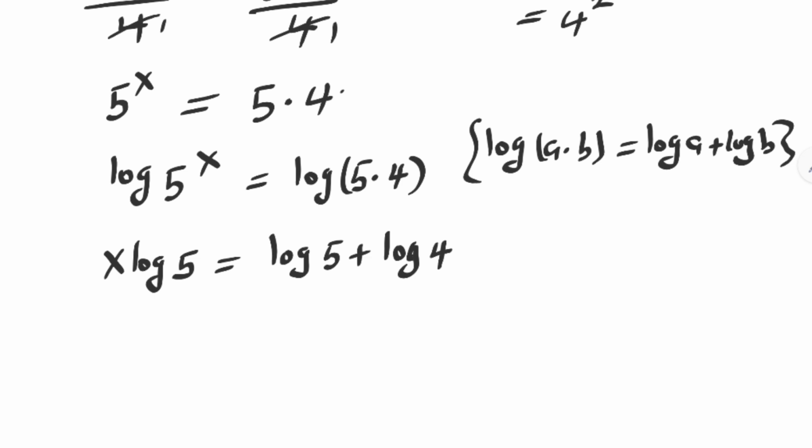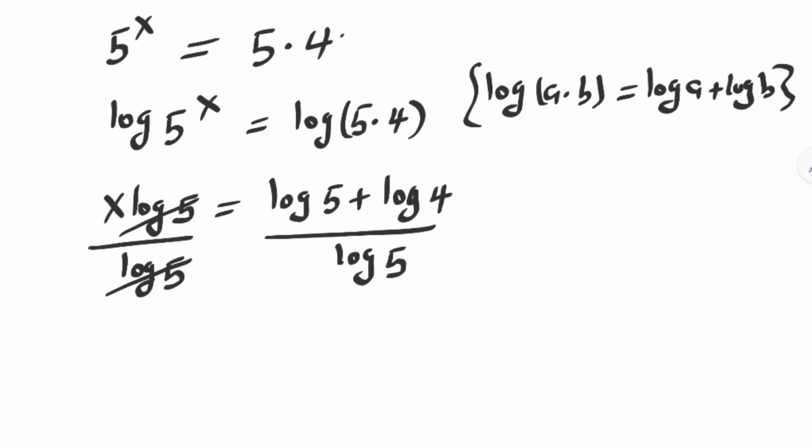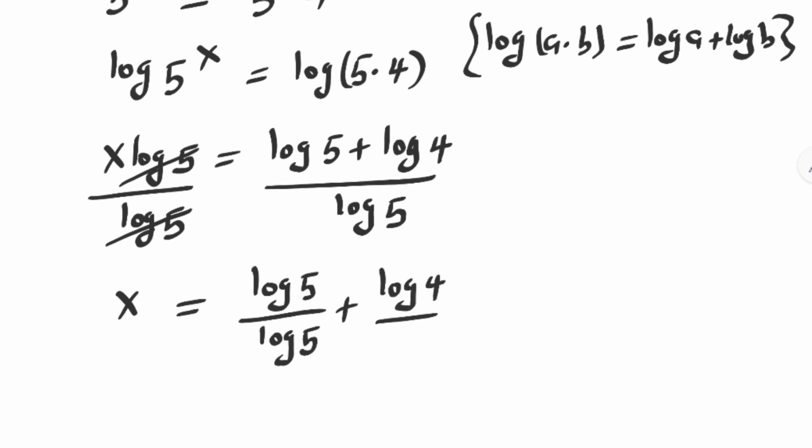Now let us divide the whole of this equation by log 5. This divided by log 5, and this divided by log 5. This log 5 cancels this log 5. Now if you split this, we have x is equal to log 5 over log 5 plus log 4 over log 5.